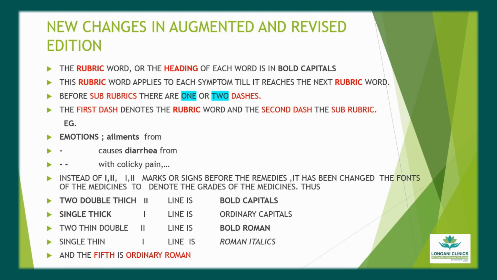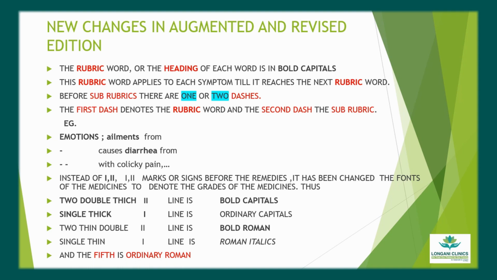The first dash denotes the rubric word and the second dash the sub-rubric. For example, Emotions, dash, ailments from. Here you will find a single dash. Then, causes, diarrhea from. Then two dashes with colicky pain.